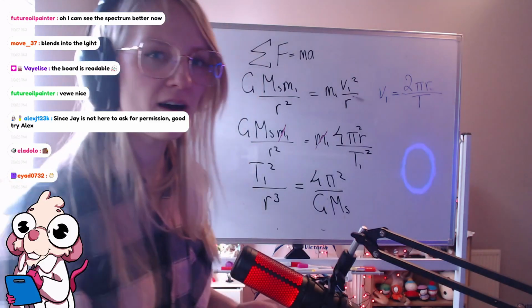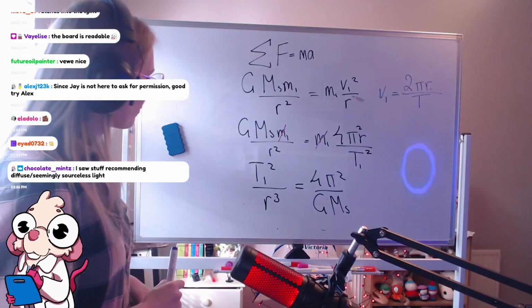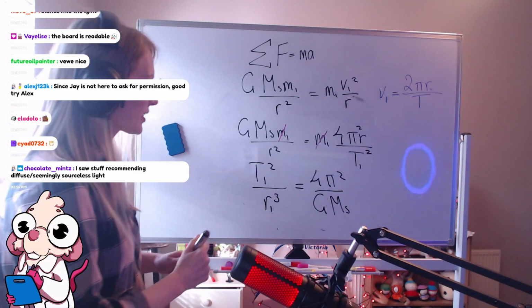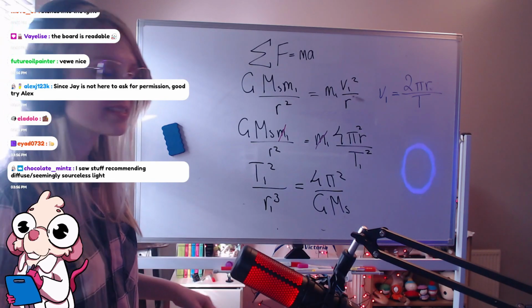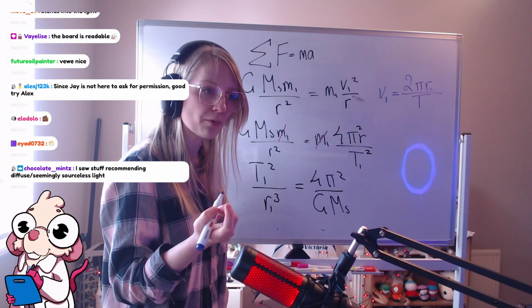We're just in the middle of deriving Kepler's third law, but using Newton stuff. Now, I should probably keep track of the fact that this is the radius of the first planet. What we can do is repeat this whole process for a second planet. But we're just going to get the same equation, right?